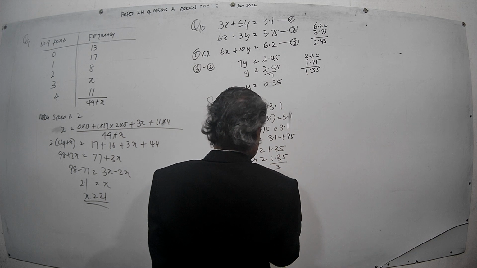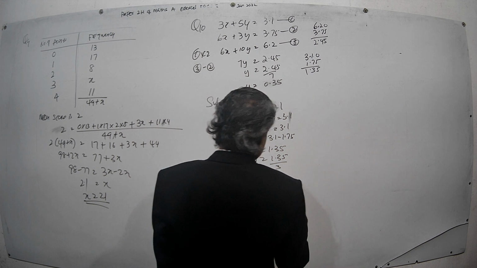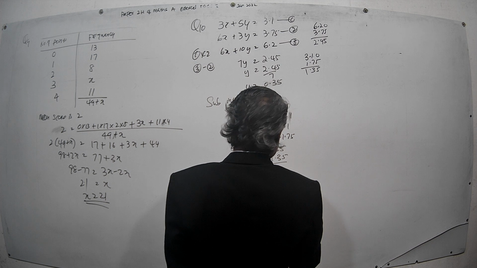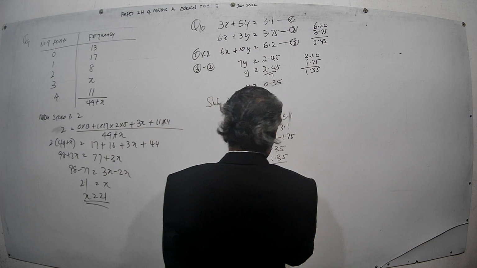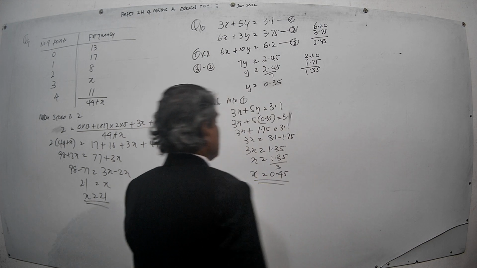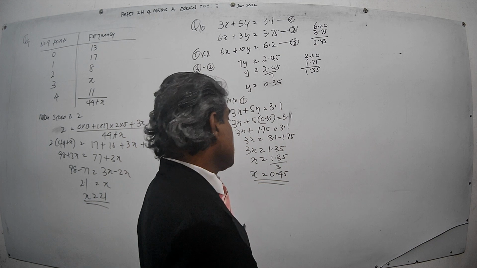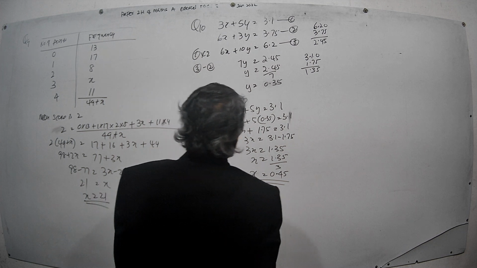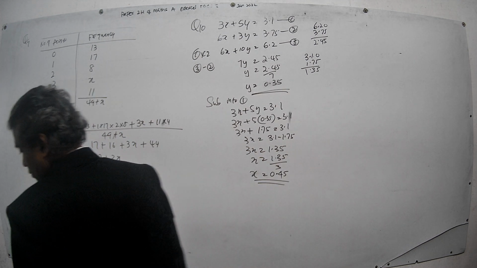After dividing, we get 0.45. 3 times 5 is 15, 1 is left, 3 times 2 is 30. Yes, correct. This is the y value, this is the x value. Okay, done.